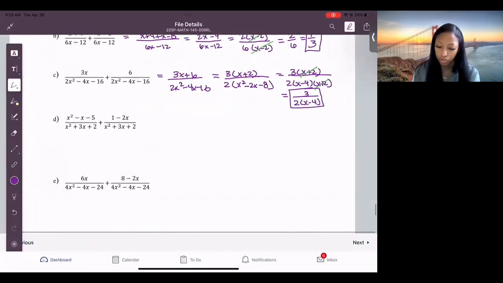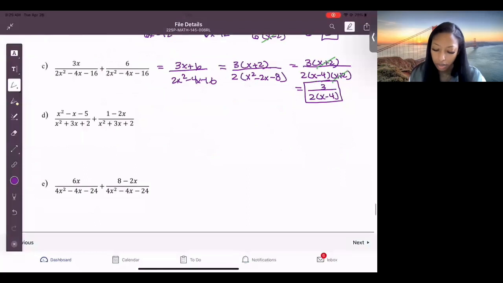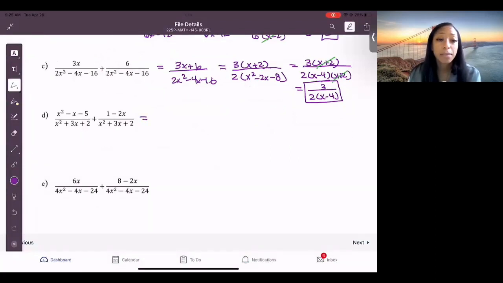All right, 2 more to go. Letter D, x squared minus x minus 5 plus 1 minus 2x. If we combine those numerators, we get x squared minus x minus 5 plus 1 minus 2x over x squared plus 3x plus 2.